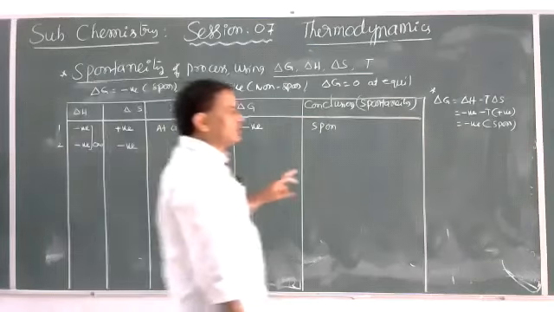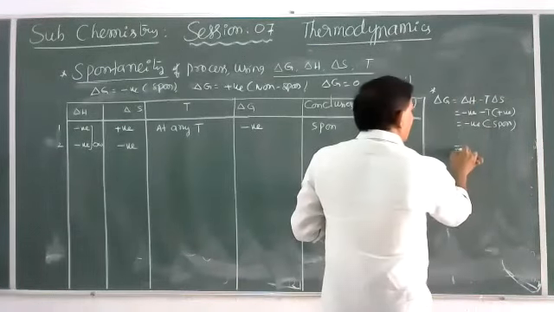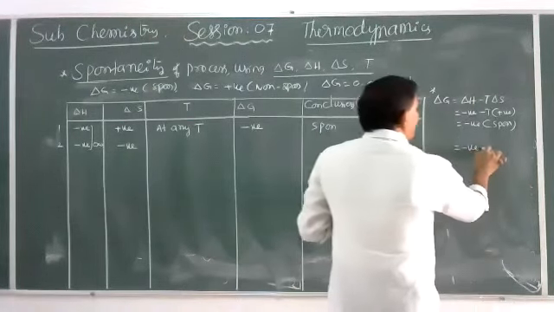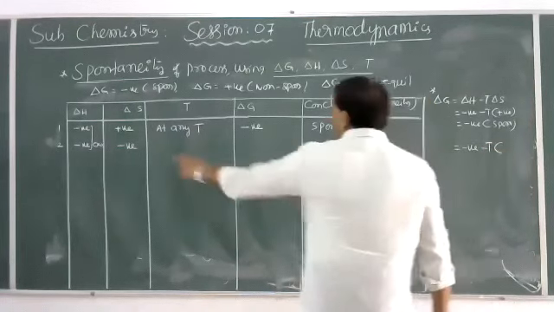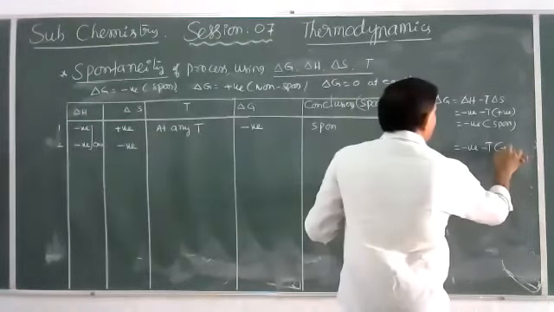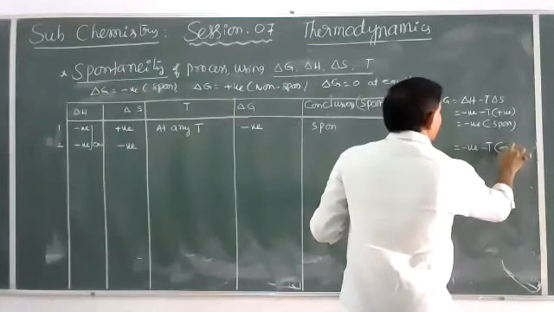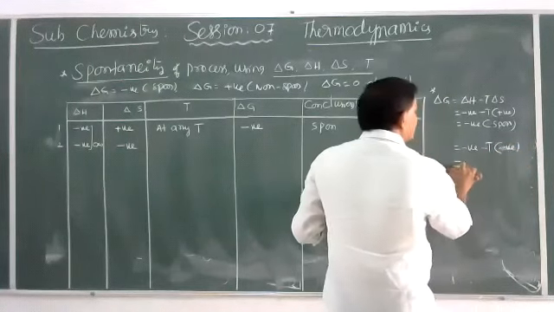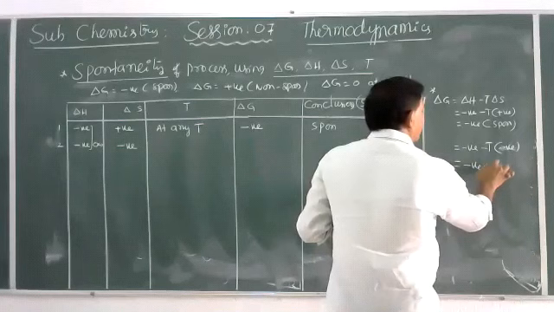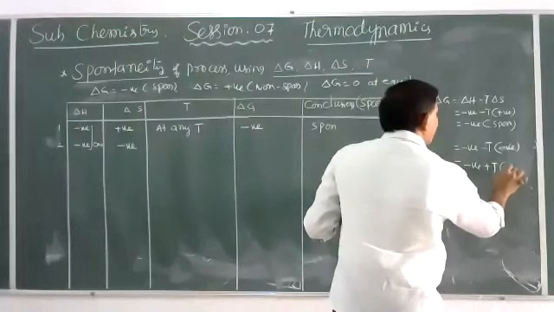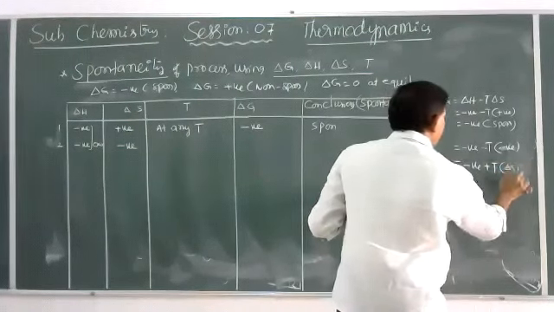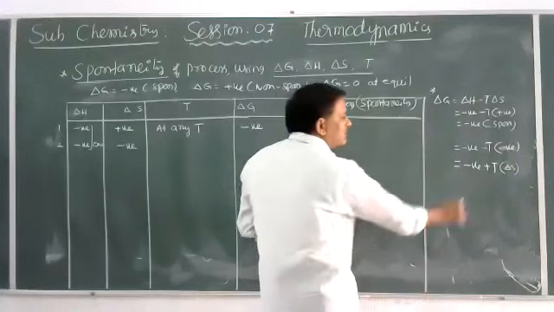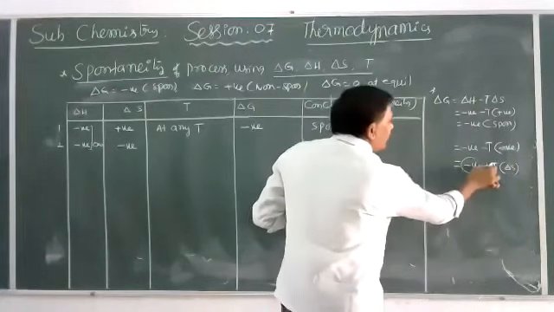Now delta H is negative only, minus T into negative delta S, negative into negative is positive, so negative plus T times delta S. So here a negative is there and a positive is there.